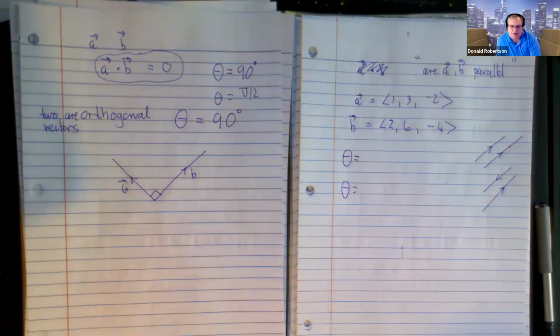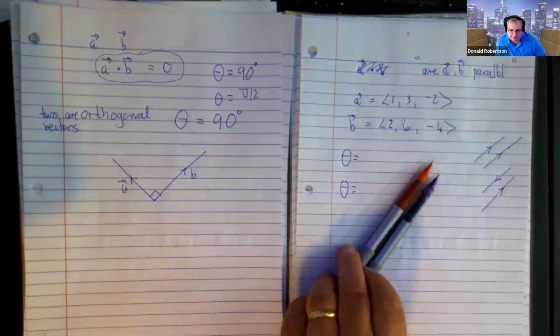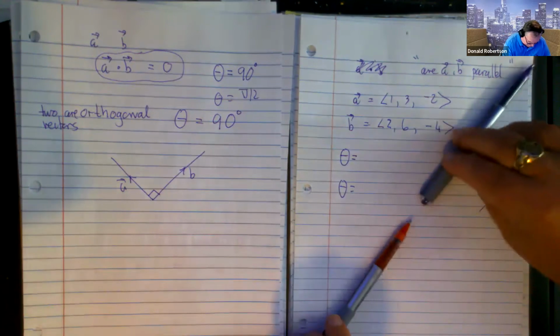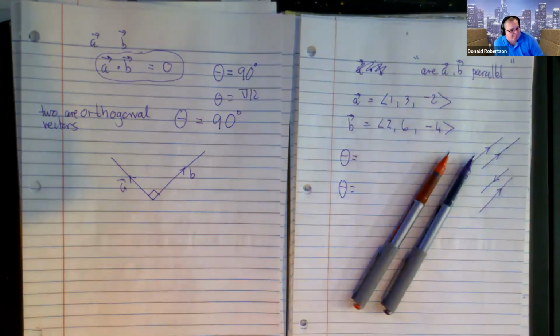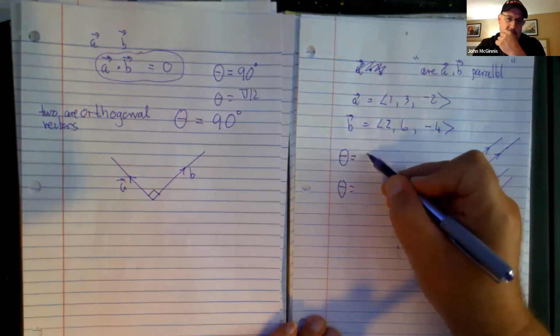So what should be the angle between two vectors that are parallel? So here's my two vectors. What angle should there be when you nose to tail them? So I'm guessing here, but I'll say 180 degrees, maybe?